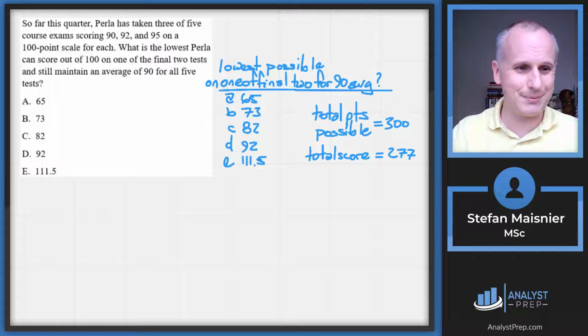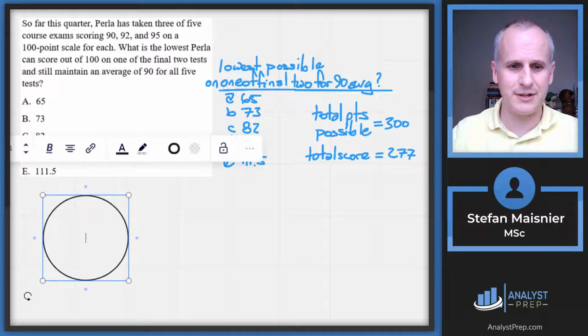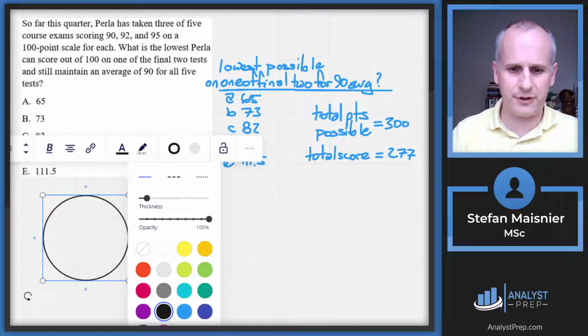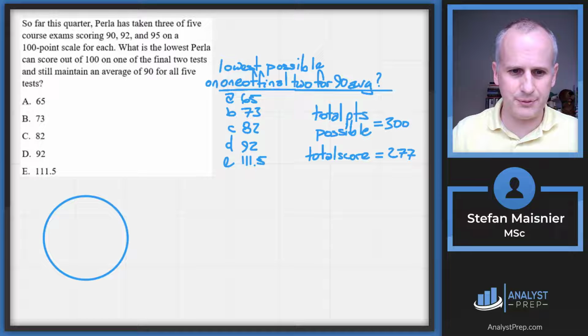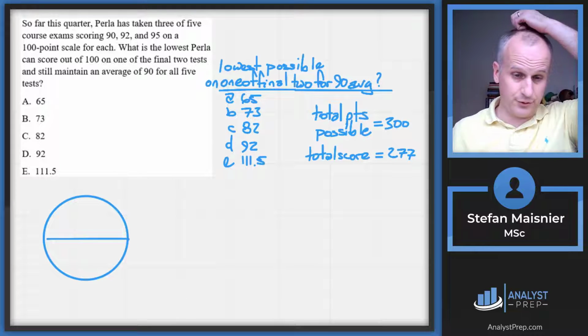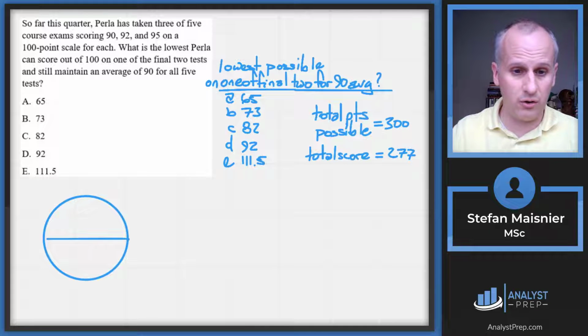And this is our opportunity to introduce those average circles, because we know from the setup that her sum total is 277 right now. And we know that the average overall we're seeking is 90 on 5 tests.